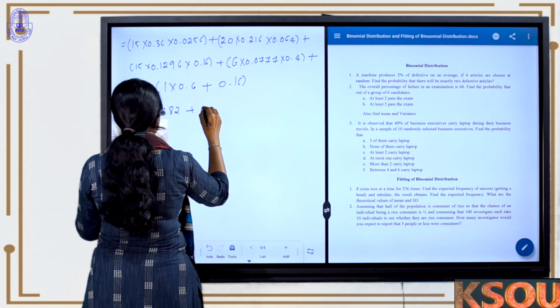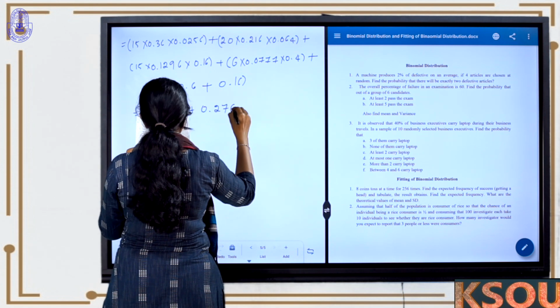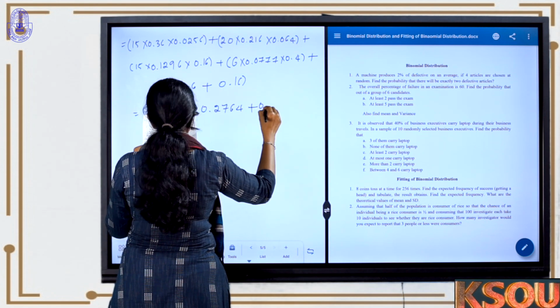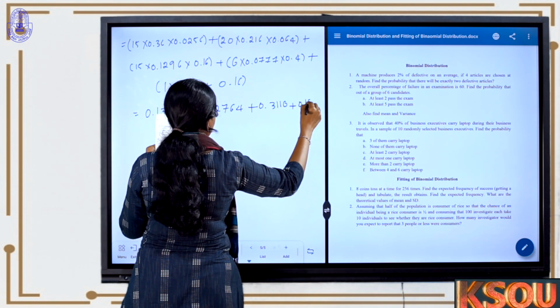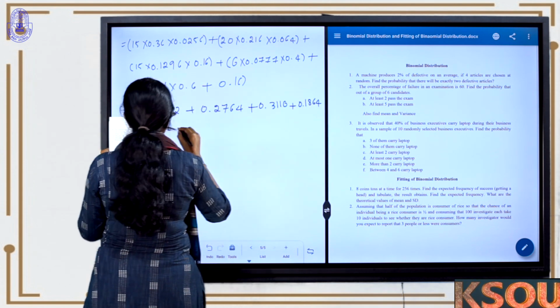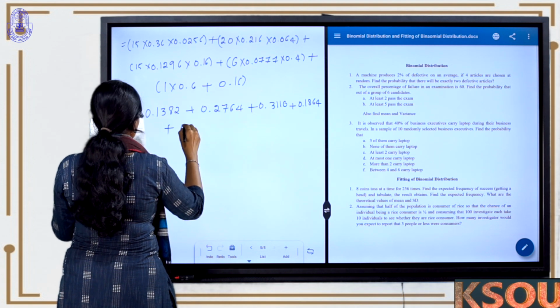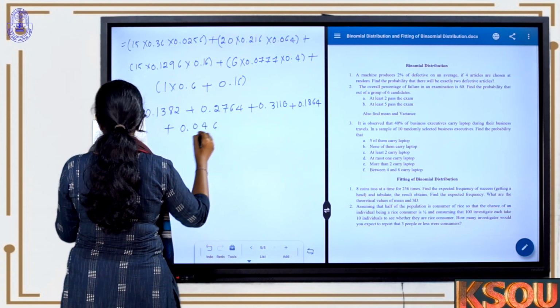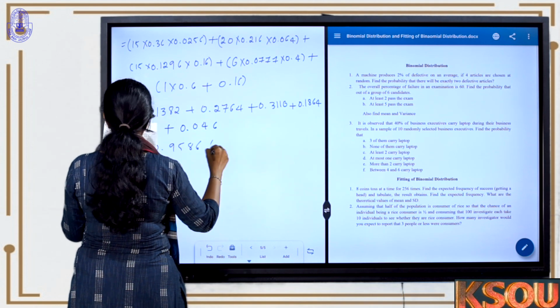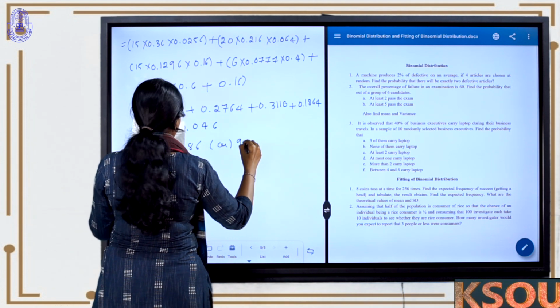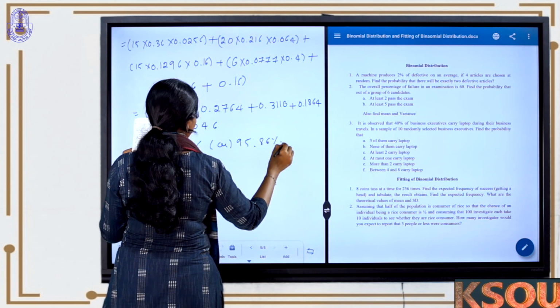0.1382 plus 0.2764 plus 0.3110 plus 0.1864 plus 0.046, that is 0.9586 or 95.86%.